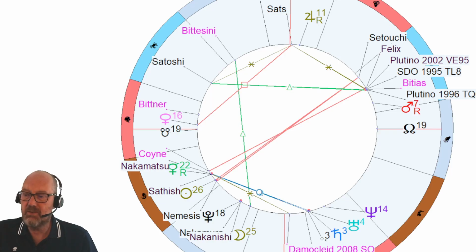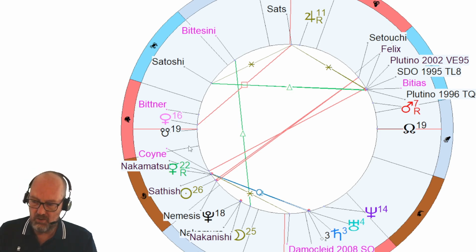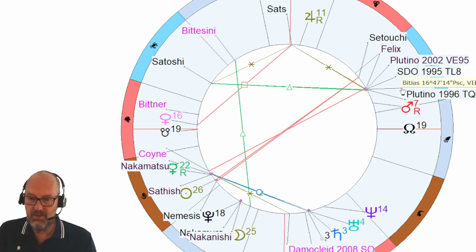It's time now to take a closer look at the three most important Bitcoin asteroids. Again, Bitias, Bittesini and Bittner, all starting with Bit. And then we have the more general Coin here, and also the more general Damocleid. But right now we will take a look at Bitias.